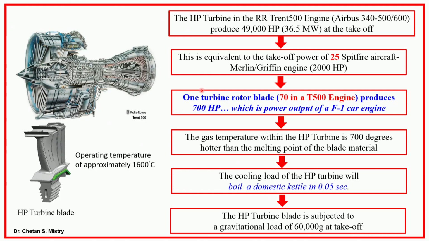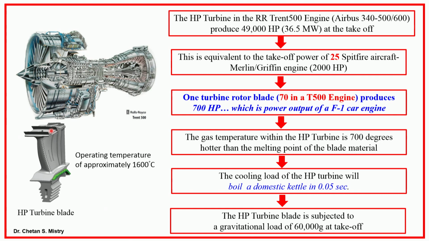Now this is the Trent 500 engine. If you look at this, this is my HP nozzle, which is operating at 1600 degrees centigrade. This is what is powering the Airbus 340-500 and 600, and it generates 36.5 megawatts of power during takeoff. Okay.